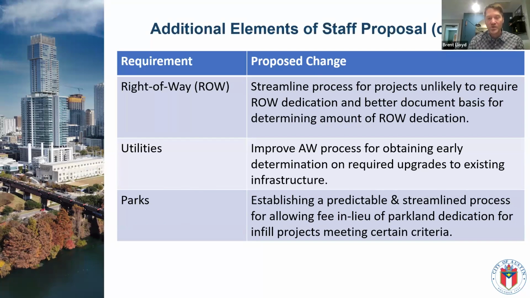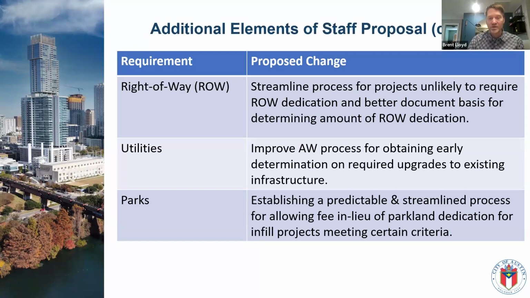I do want to emphasize with the utility issue that Austin Water has proactively agreed to look at making its early determination process for determining whether upgrades to infrastructure will be required more robust. And specifically, they proposed formalizing a process of pre-development meetings that would really help to nail those issues down at the front end so that there aren't surprises going forward.